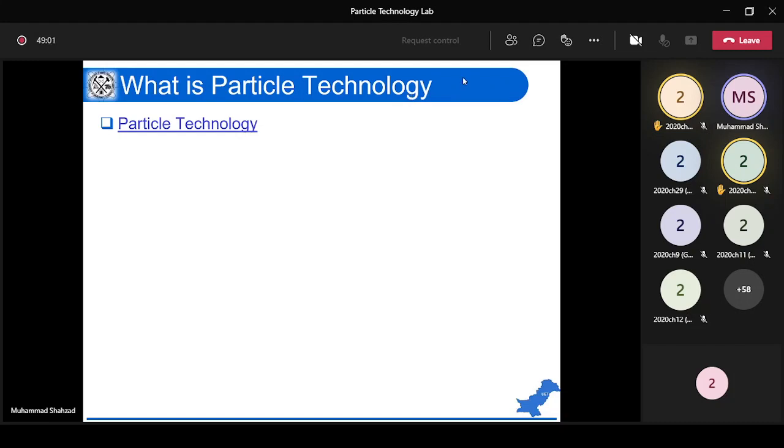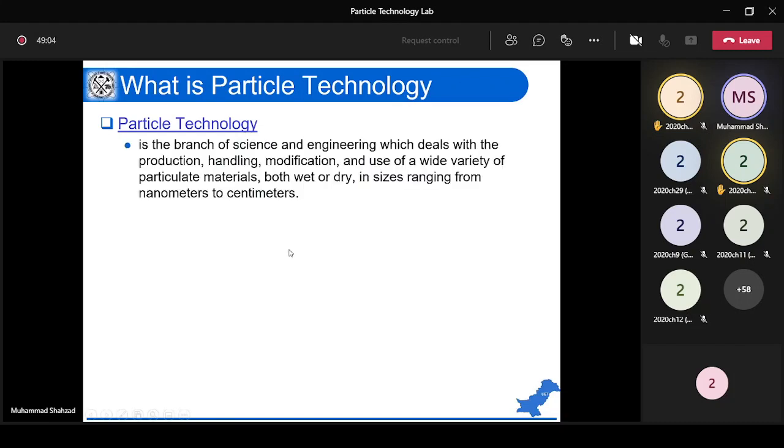Let's see the formal definition of particle technology. Particle technology is the branch of science. Okay, can you hear me? Is my voice clear? Yes, sir. All right.